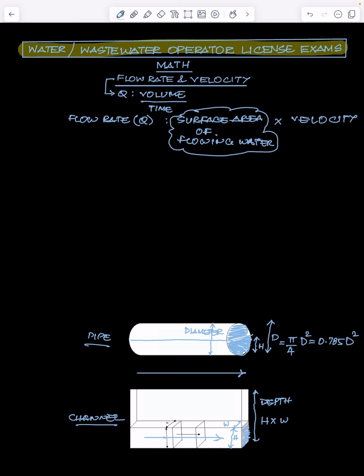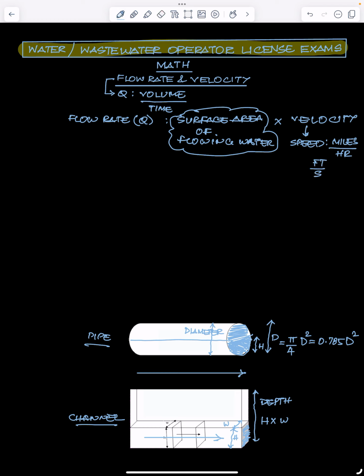So now let's talk a little bit about the units of the flow rate. Before we go there, let's talk about velocity. Velocity is basically speed. And the most common unit that we are all familiar with for speed is miles per hour. However, for water flow, the velocity is measured in feet per second.